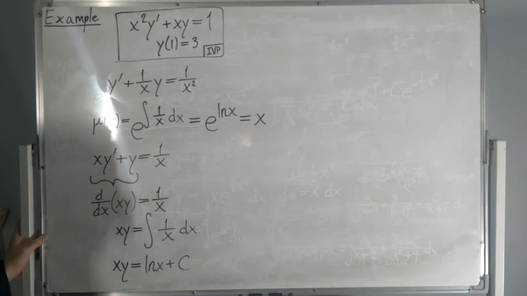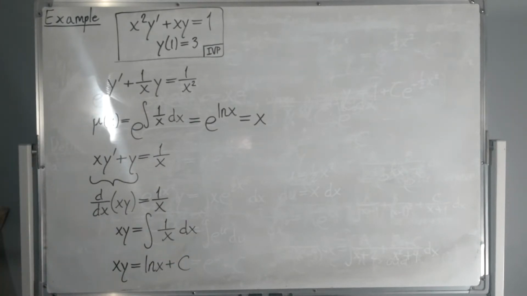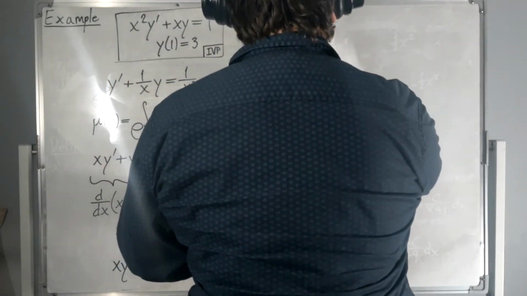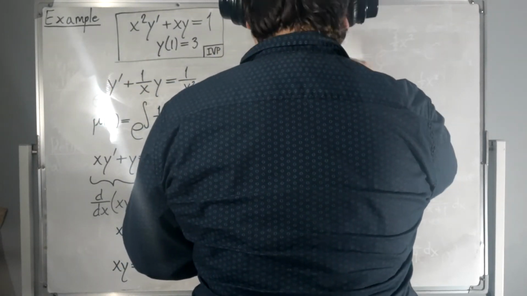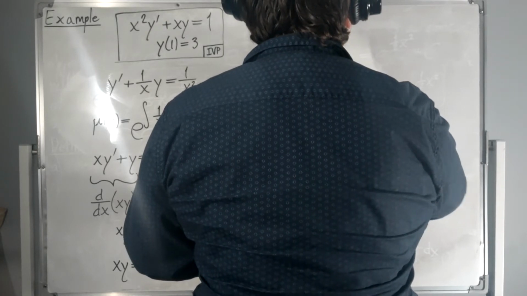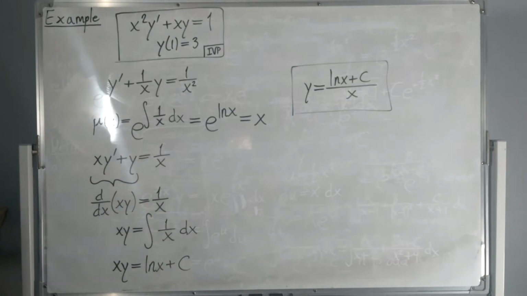And there better be a plus c in here somewhere, right? And so finally, to solve for y, we just need to divide both sides by x. So we just get y equals (ln x plus c) divided by x. And that is our general solution.